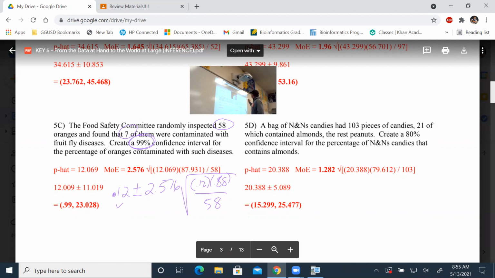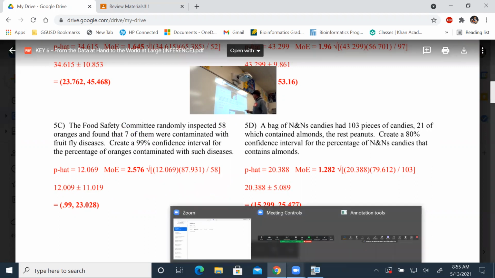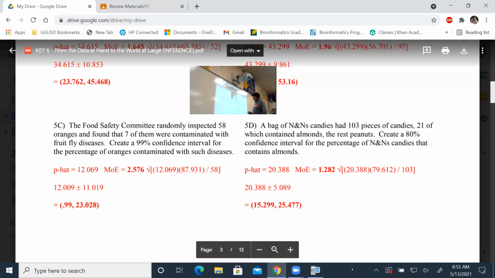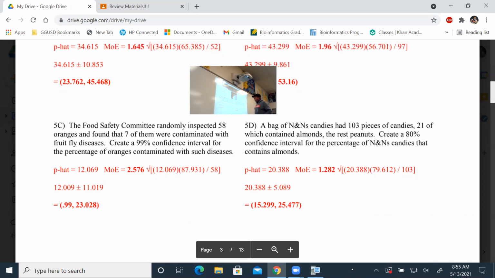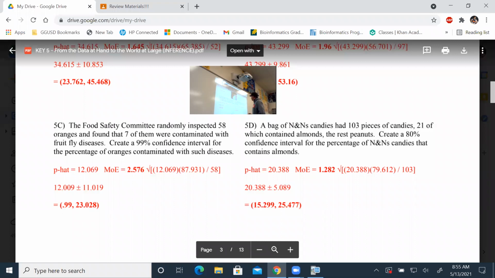Okay, last one. This one will be a little better. Bag of M&Ms, okay? 103 pieces of candy, 21 of which contain almonds, the rest peanuts. Create an 80% confidence interval for the percentage of M&M candies that contain almonds. So 21 out of 103 is about 20%.